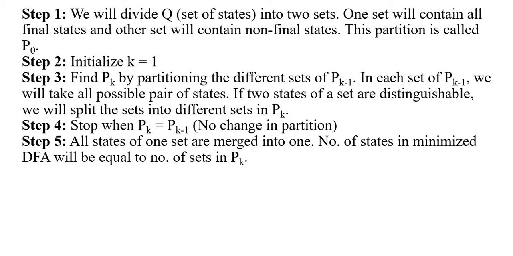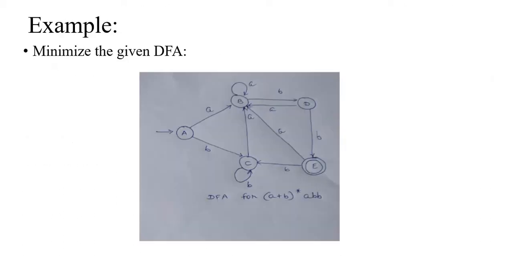So how does minimization of DFA work? For example, minimize the given DFA. We already drew this DFA for (a|b)*abb. In our previous video, I explained how to draw the DFA for (a|b)*abb using Thompson's construction.